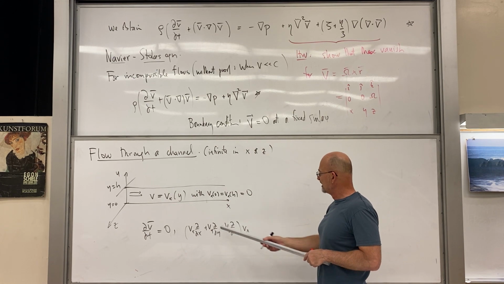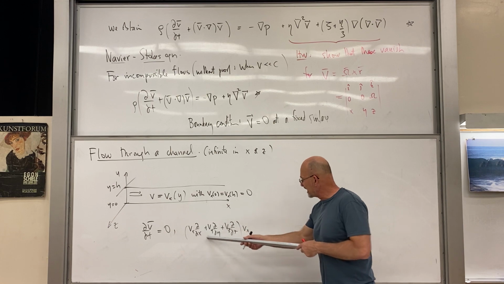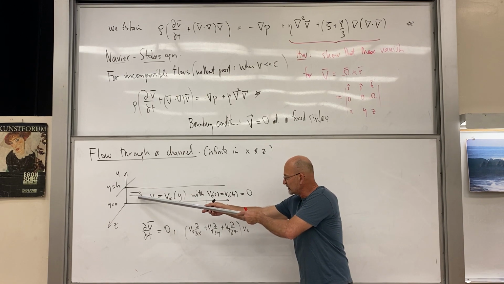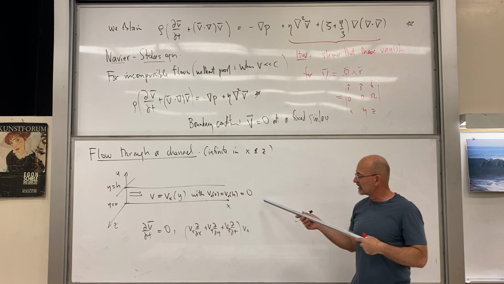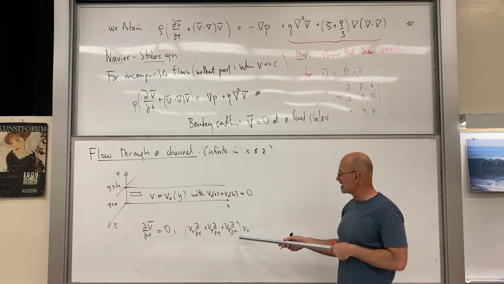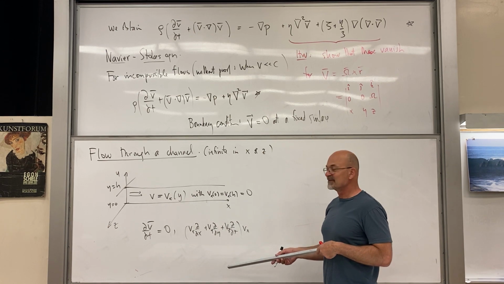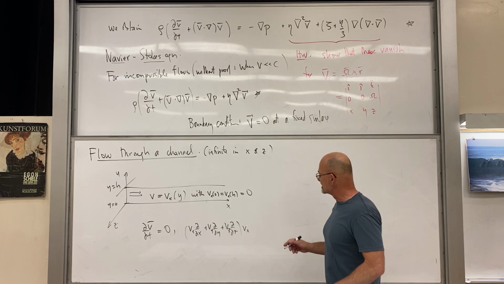The d over dx for Vx is 0 because this is just an infinite channel, so it can't change along there. Everything else, Vy is vanishing, Vz is vanishing, so this is also 0.